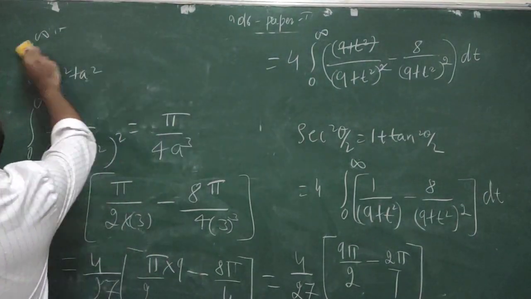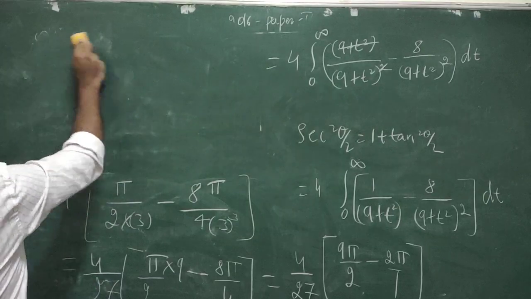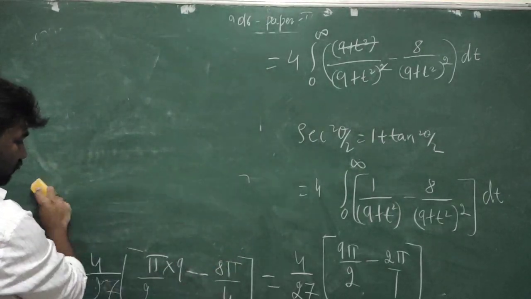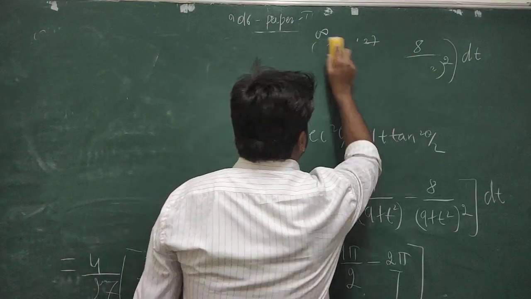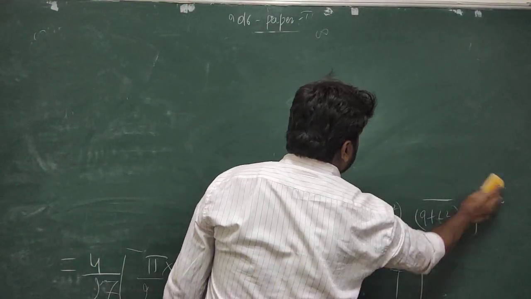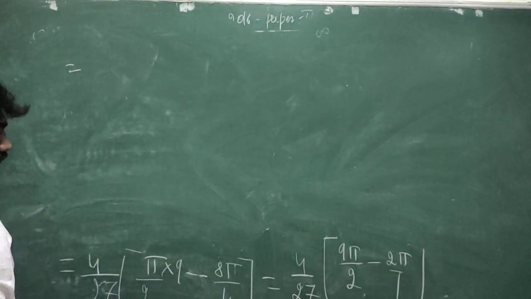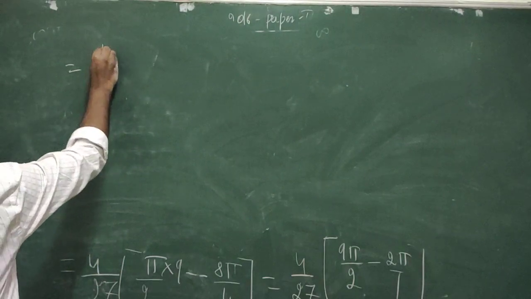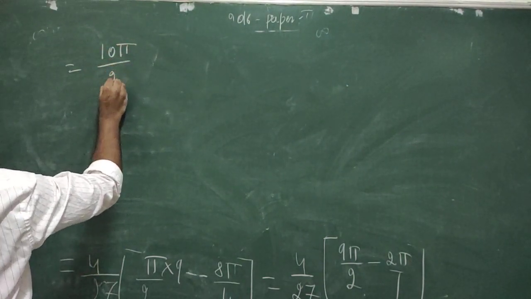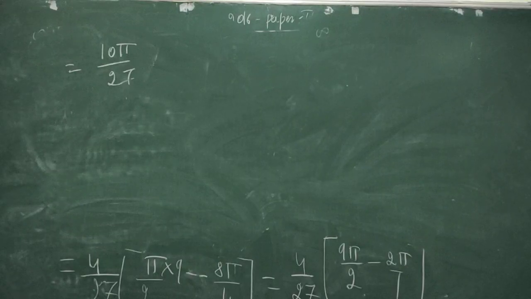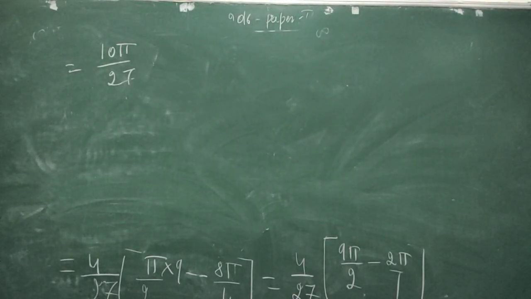So the final answer will be 10 pi by 27. 9 minus 4, 6 pi, 6 4s are 24 pi.